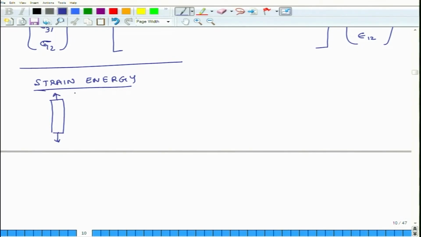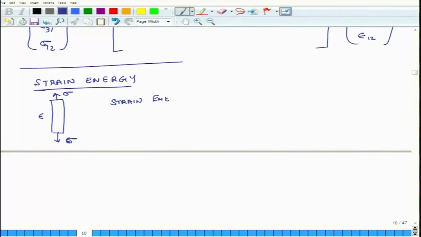So, if I have an isotropic material and I apply a stress sigma, because of this it experiences some strain, and the strain energy. So, when I stretch it, it expands and some energy gets stored in the system. So, strain energy is what? You please go back and again check your books.